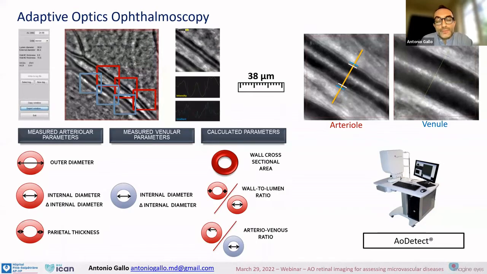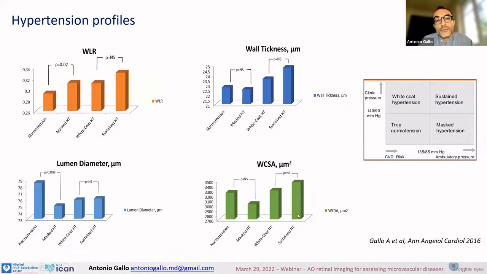What we saw in the cohort of hypertensive patients, for whom we had both office and home blood pressure levels, was that subjects with uncontrolled blood pressure had a significantly higher wall to lumen ratio.